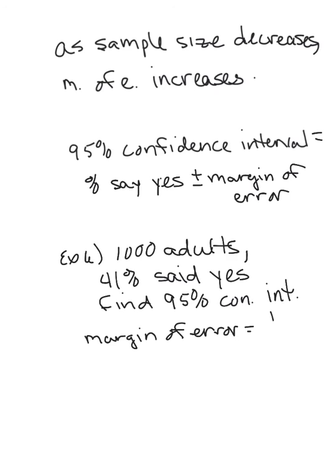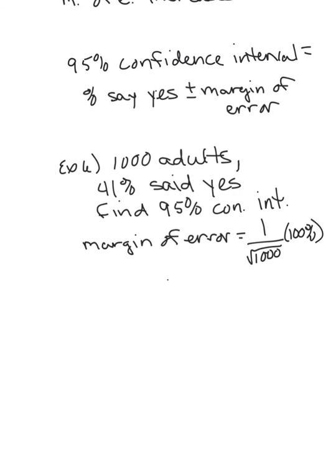Remember, we take 1 divided by the square root of the sample size and then take the answer times 100%. So in this case, we are going to have 1 over the square root of 1,000, which is approximately 31.623.